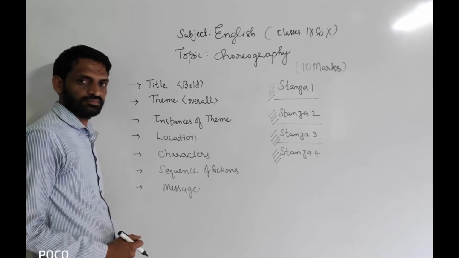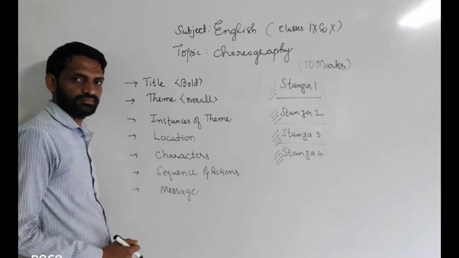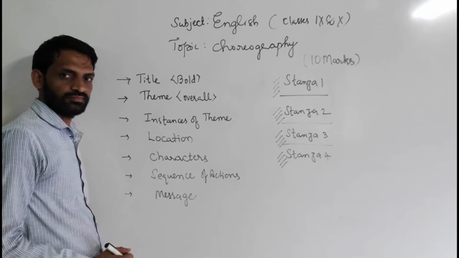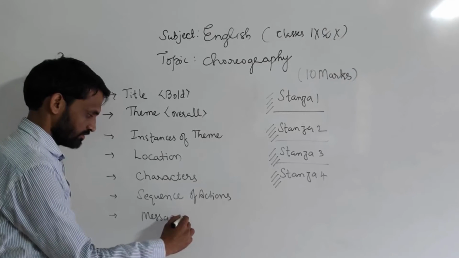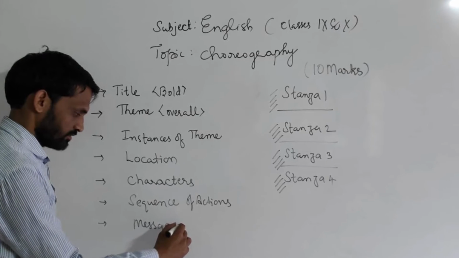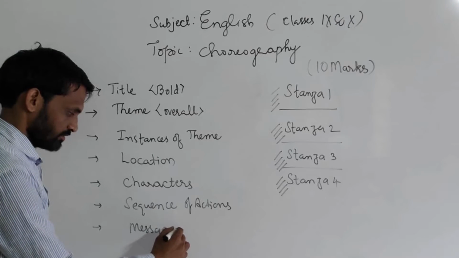Choreography script is meant for better understanding of the poem. In other words, choreography is a critical appreciation of the particular poem, for the readers to have a better understanding.